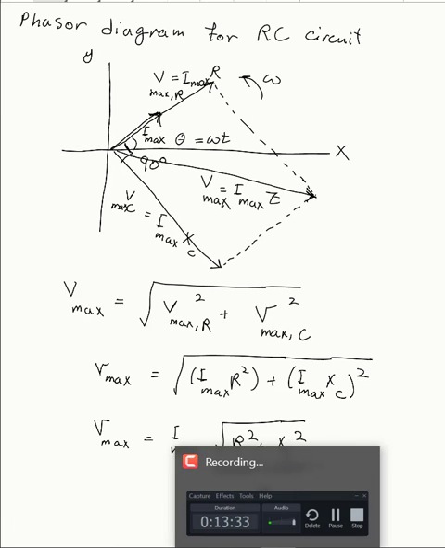So phi is the angle between the total voltage, this guy here, at its maximum, and the I max. So phi is this angle here.